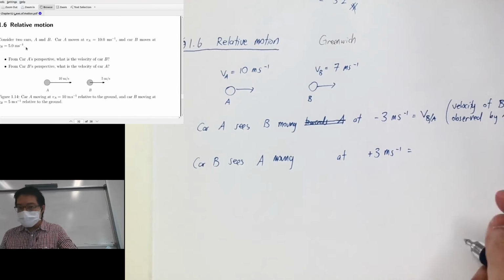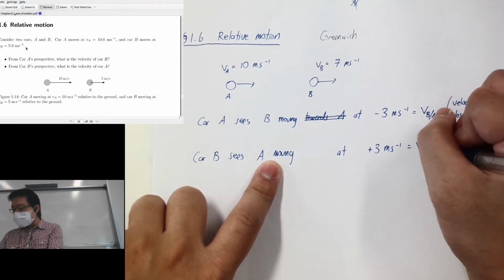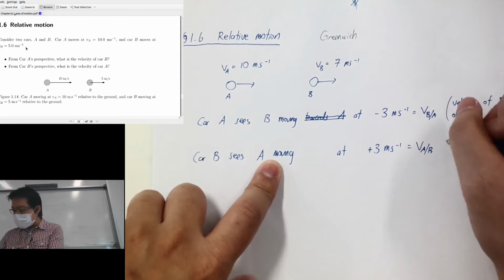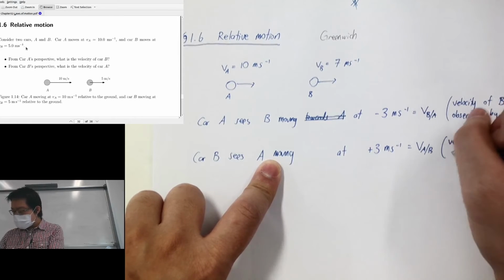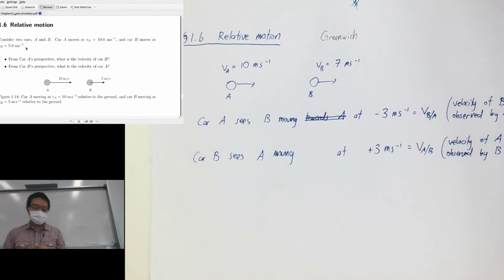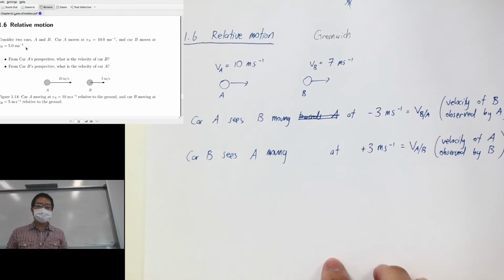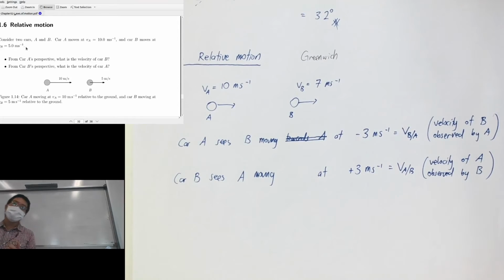And this is what we will call this, because since this is car B seeing A, right? So this is the velocity of A as seen by car B. Okay. So that is the basic. Can you see? So this is the basic situation over here, right?